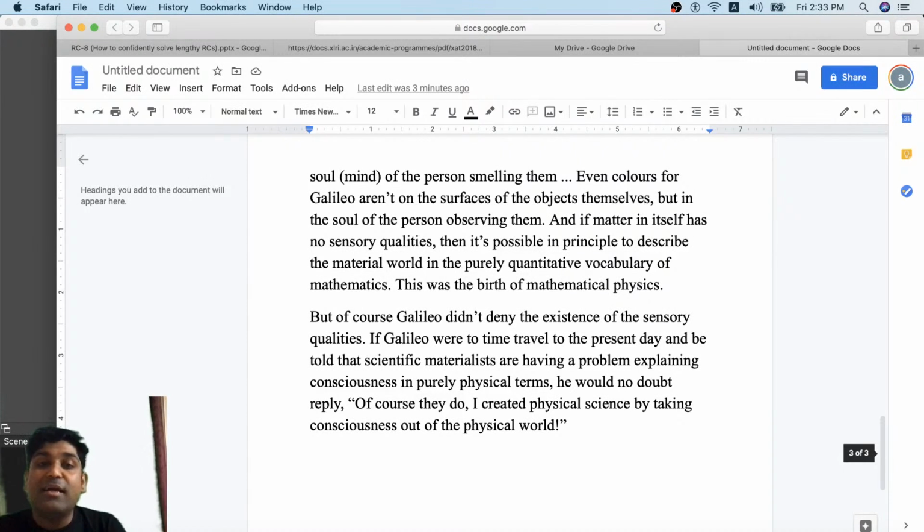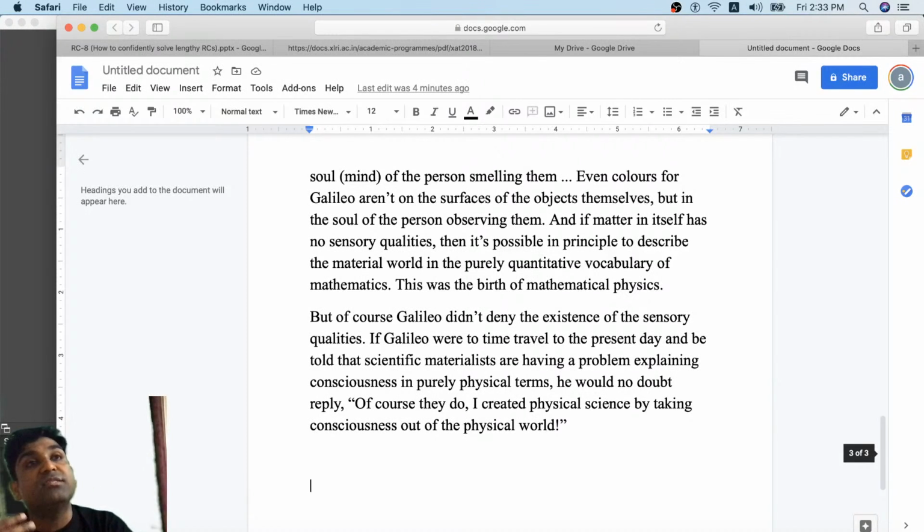He's saying, so what Galileo will say is that I took out, from, say, a sweet smelling flower, that awareness, and said that all these senses, all these qualities, are in the mind of the person, and this is just a flower, hence you can analyze it.